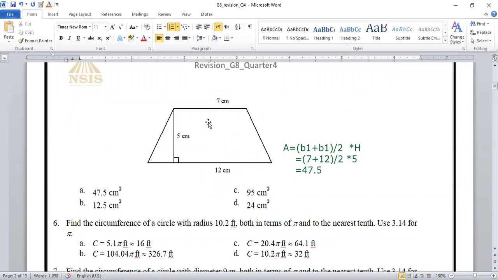As shown in the figure, the trapezoid has two bases, first base 7, second base 12, and height 5.